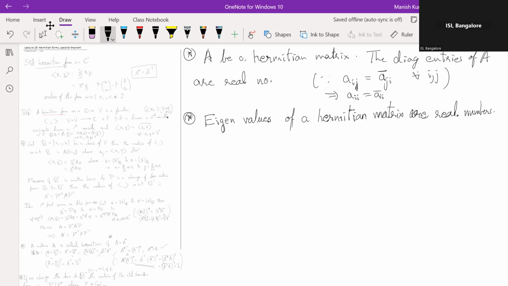In fact, what you can show is that the eigenvalues of every Hermitian matrix are real numbers. So something more is true. Let's just see a proof of this. If you have a Hermitian matrix A, then its eigenvalues are all real numbers.